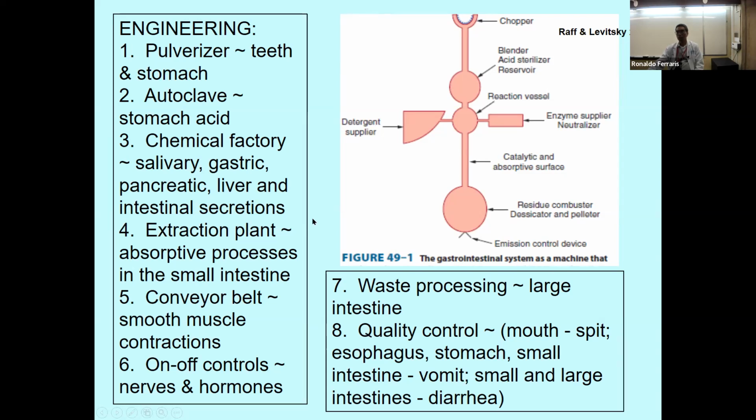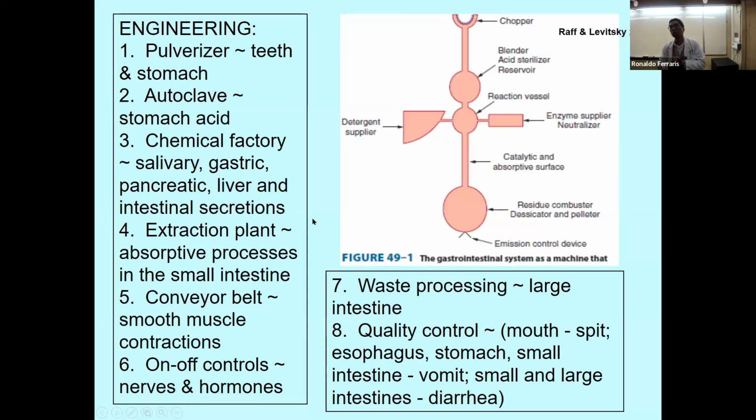So it's very, very elaborate quality control. If it has gone past the area where you can vomit, then the receptors for these bad compounds in the intestine initiate diarrhea. Okay, so you get rid of bad things, and then you begin to get good things again, so you can obtain your nutrients. So if you can just think of it that way.